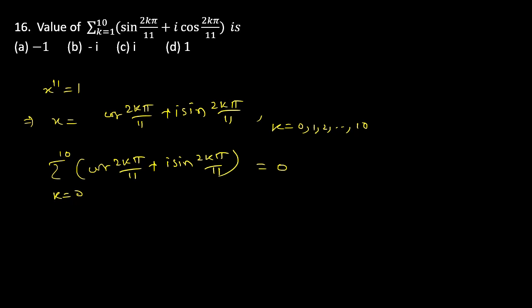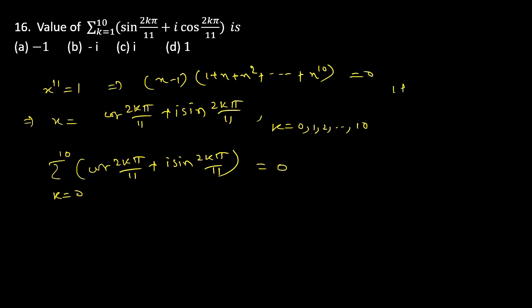If we add all the roots, we get 0. How? Now we can break it as x minus 1 into 1 plus x plus x squared plus up to x to the power 10 equal to 0.